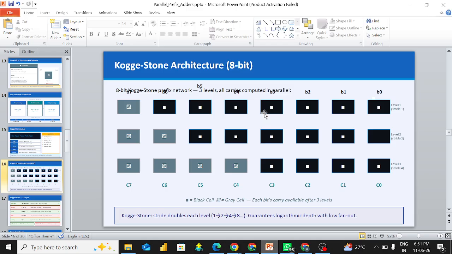So to combine this bit level, you are going to use a prefix operation, right? Inside the prefix operation you are going to combine the GPs, the generate and propagate of that particular group.